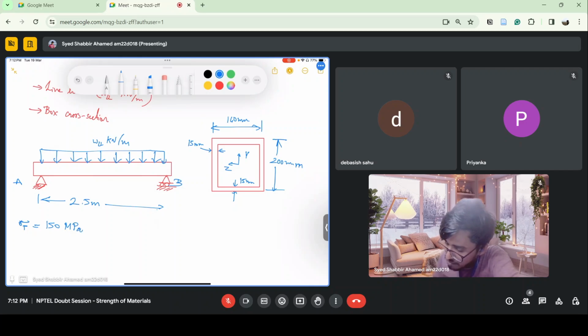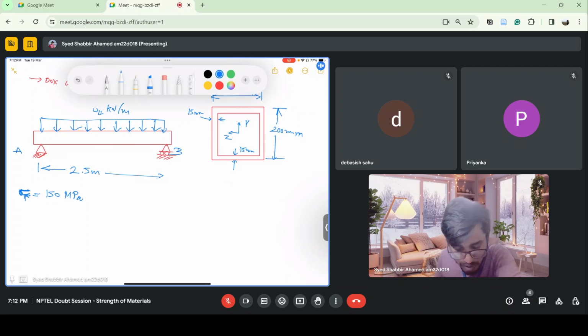So the maximum bending stress should not exceed this. If it exceeds this, the material will fail, so we have to keep this in check. And the unit weight of this beam material is 78.5 kilonewton per meter cube.